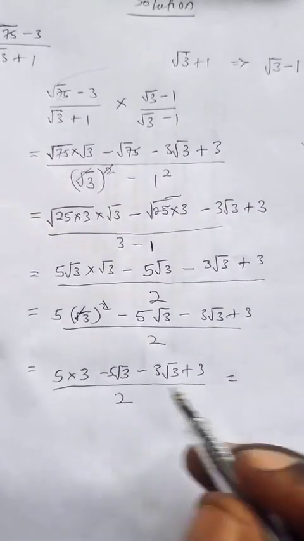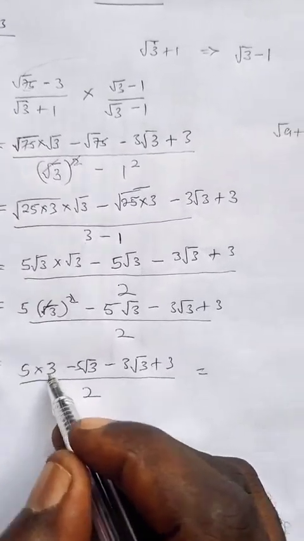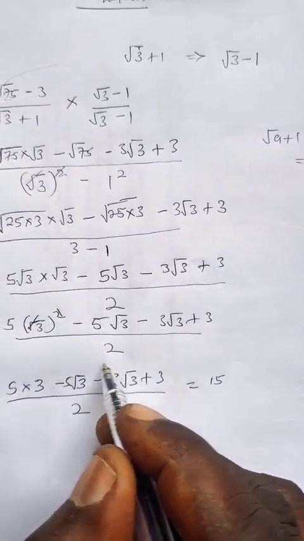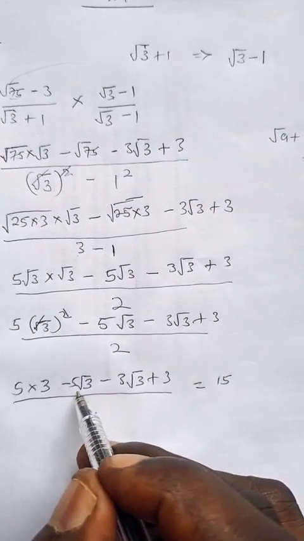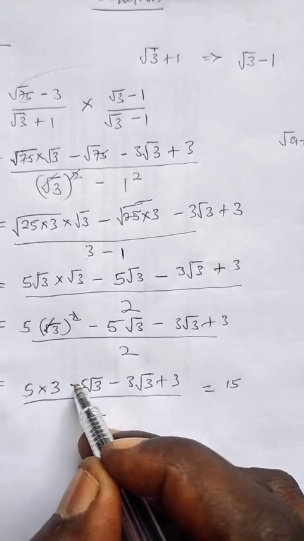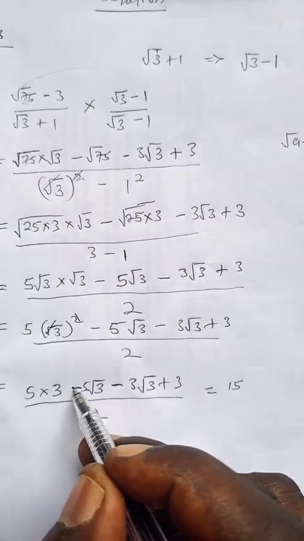So let's continue this way. 5 times 3, we already know, is 15. If you look at these two values, you see that they are similar surds with root 3 being common, so we can do normal subtraction.